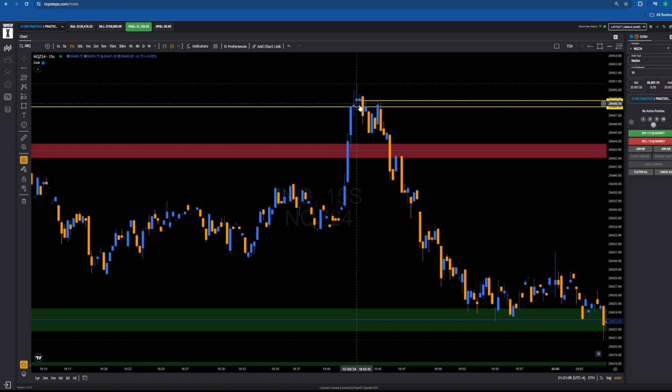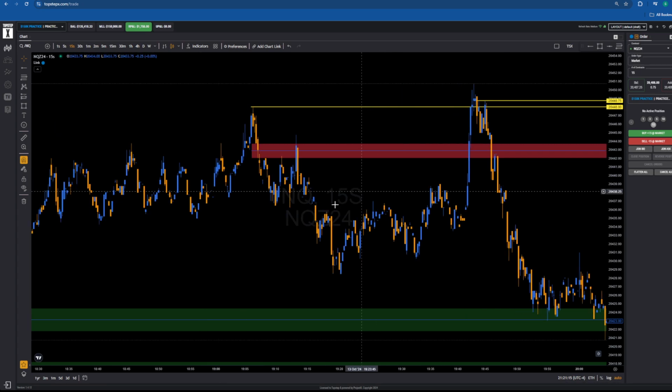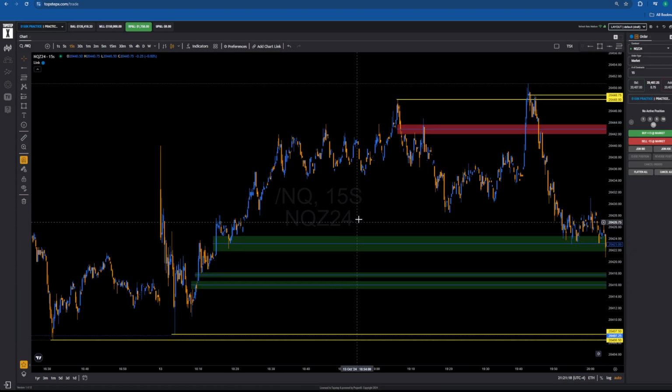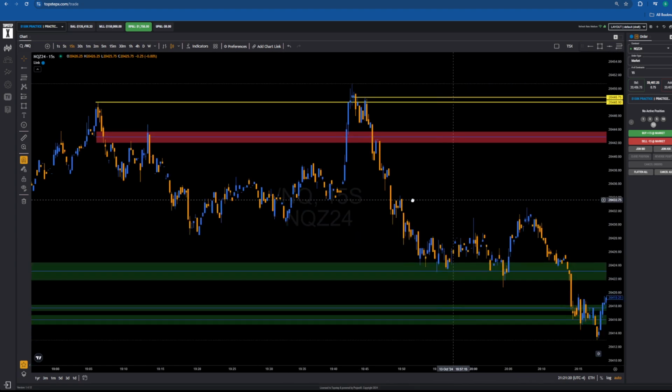So again, I was not in a rush. I was watching all this, but when this fair value gap happened, and I knew there was also a fair value gap formed behind it at the same levels, that's where I placed my limit order for these targets. So it's a pretty interesting trade I took.